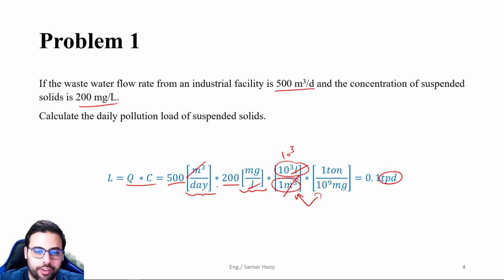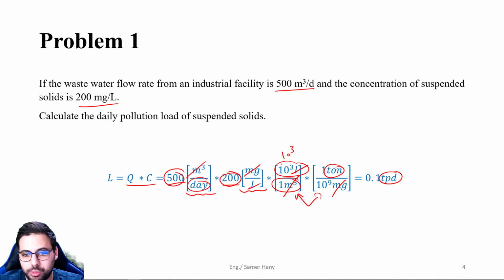Same goes for converting the mass. So the milligrams from the concentration units here will be cancelled out with this milligram, and we're left with tons. So in the end, we're left with ton per day as a unit, and the numbers are 500 times 200 times 10 power 3 over 10 power 9, or times 10 power negative 9.